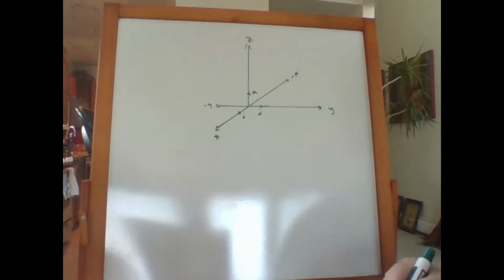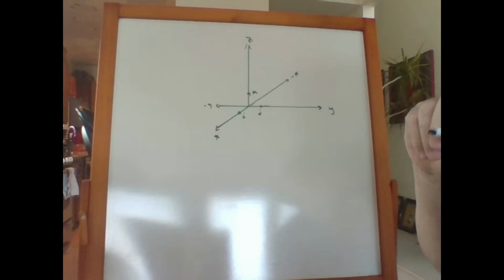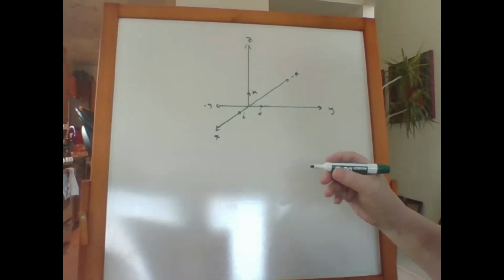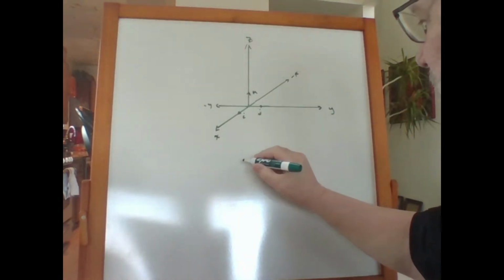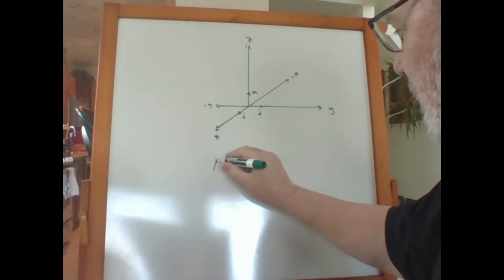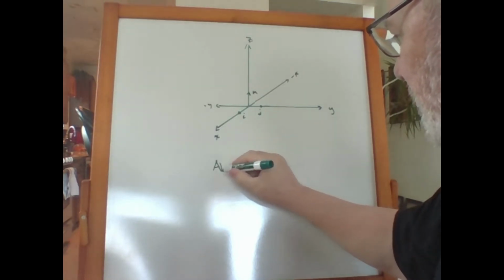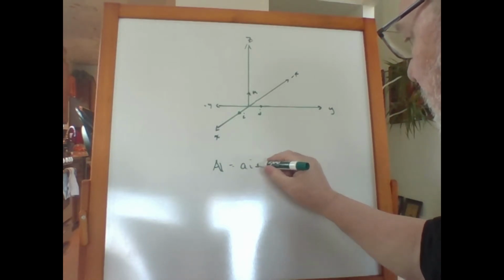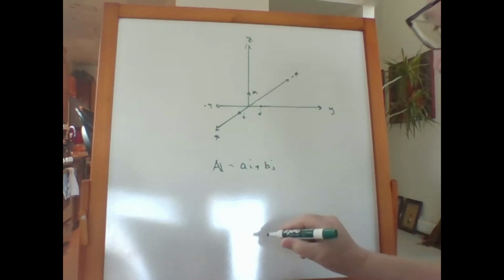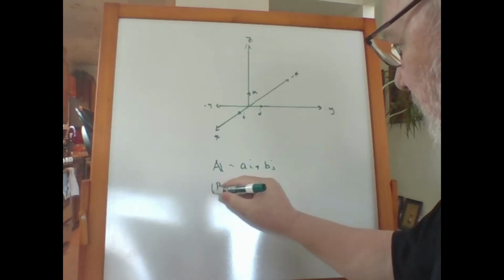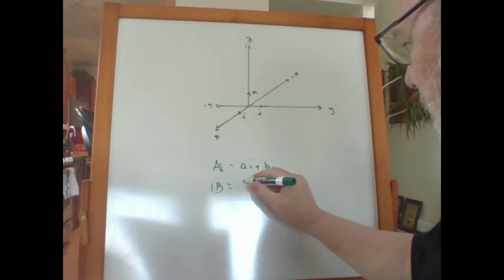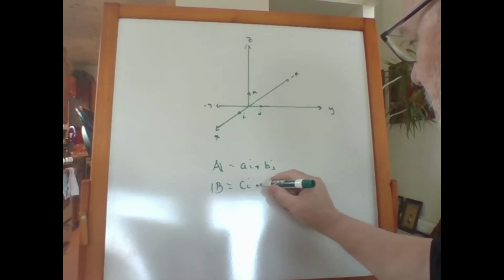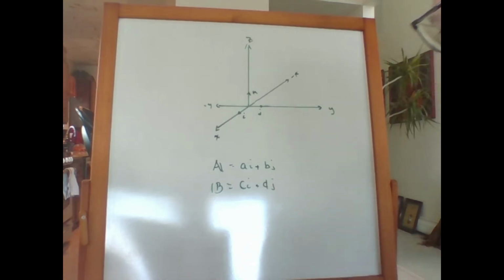To simplify things, it makes vectors easy to understand because it assigns direction. So when we do a cross product, we have a vector, let's say A, that is ai plus bj, and we have a vector B whose components are ci plus dj.